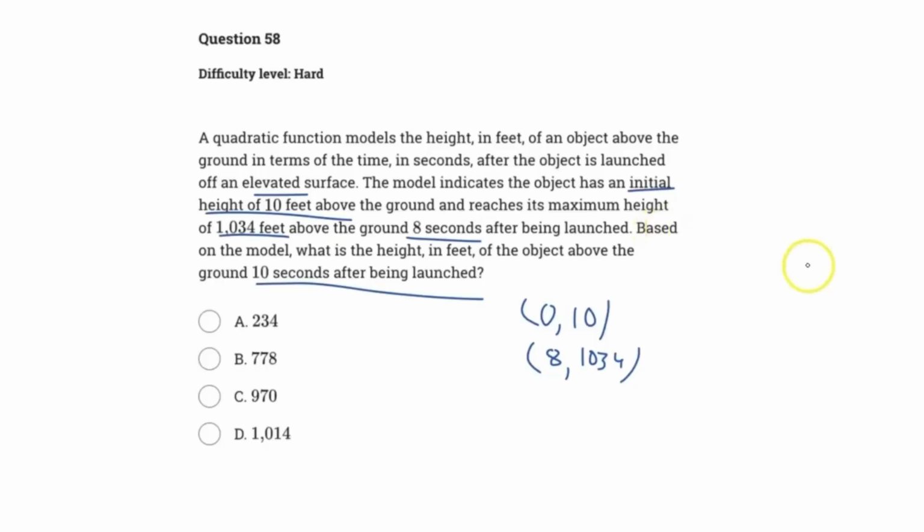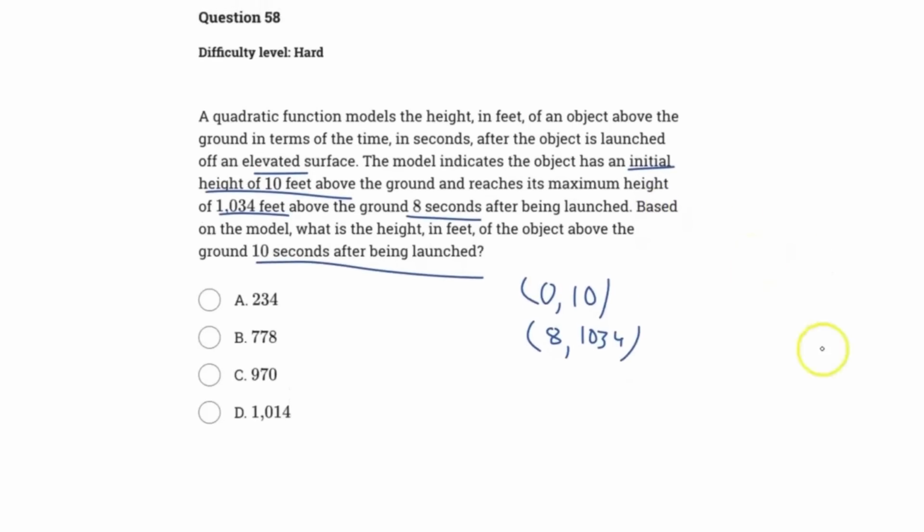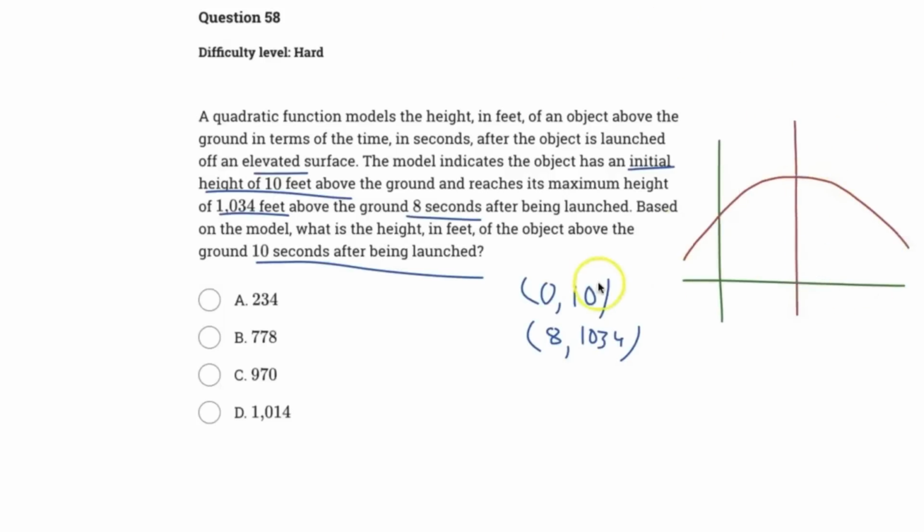Therefore, to find the last coordinate point, it's actually not that hard, because you have to think about a quadratic function. If I have a quadratic function, I'm going to draw the axes, and then the graph is going to look something like this. What we know about a quadratic function is that it's symmetrical. So if you think about this as (0, 10), and we think about the axis of symmetry as x equals 8, we know that everything is symmetric.